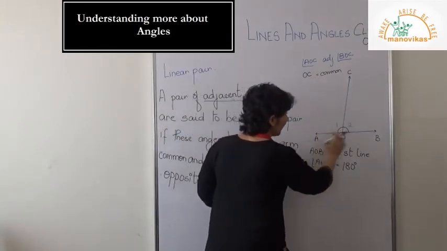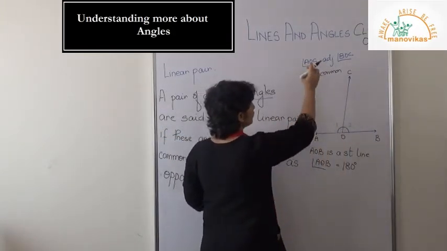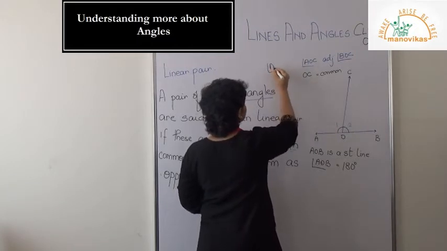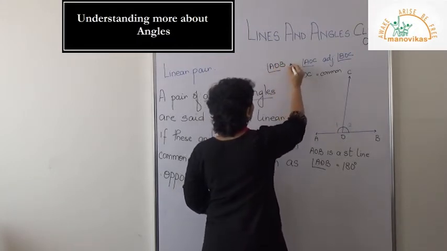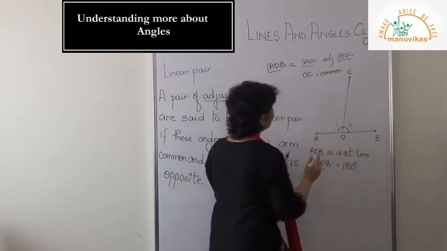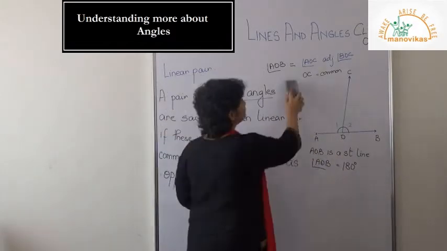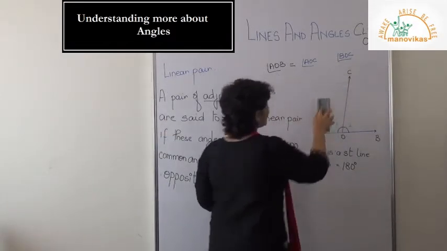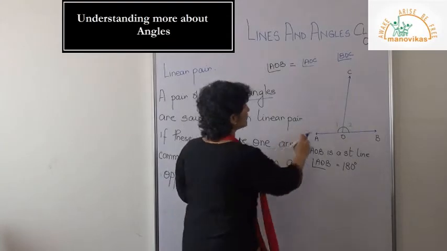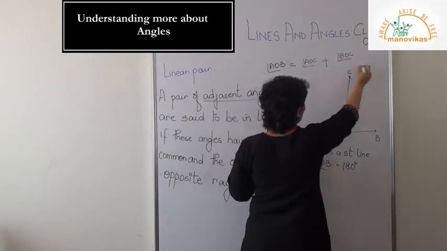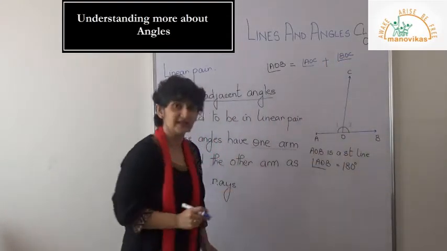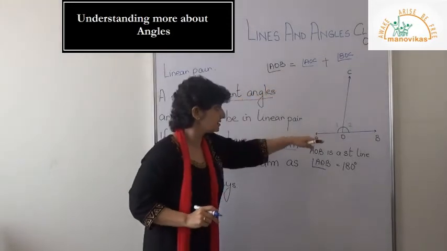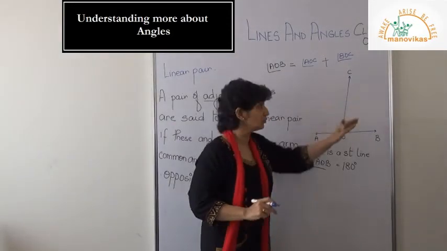Then I know this angle AOB is equal to angle AOC plus angle BOC. Correct? This whole angle is equal to these two.